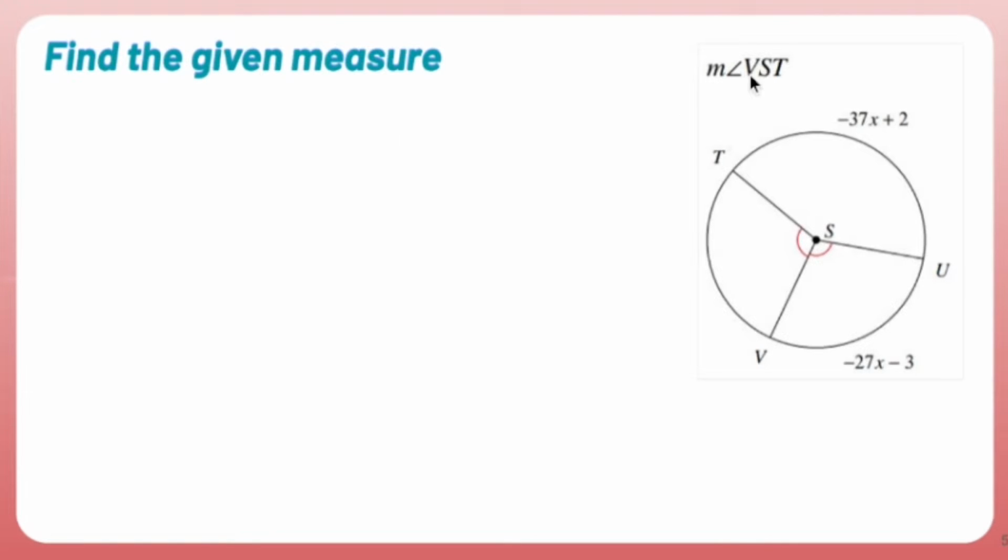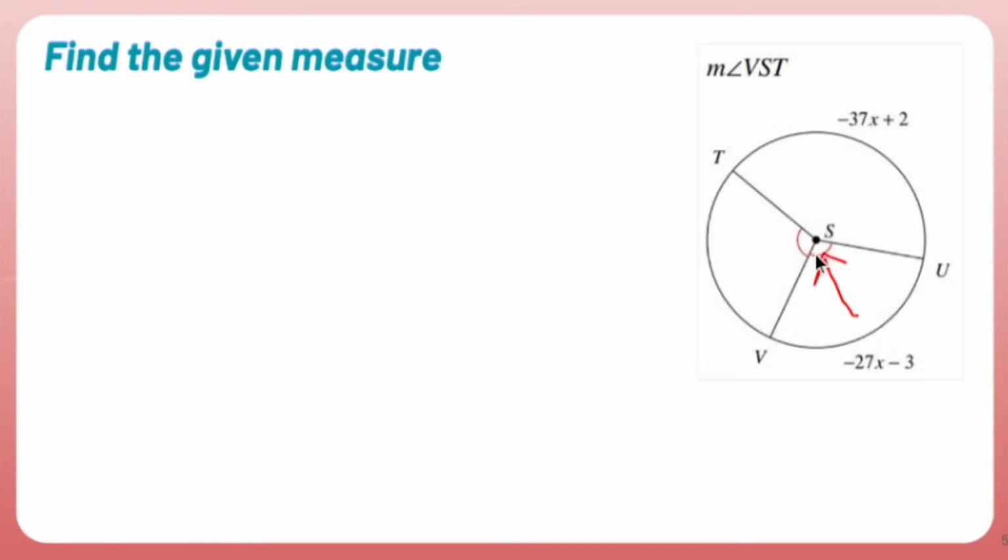Find the given measure. I have to find the measure of angle VST, which is U. Now, what I know is the arc measurement of VU is negative 27x minus 3, which means the central angle created by that arc is going to be the same exact thing.